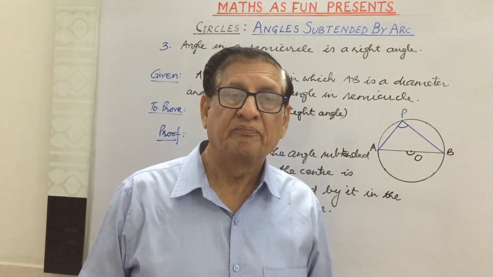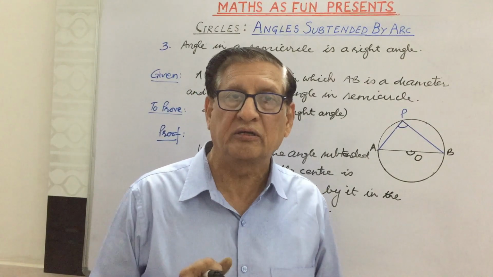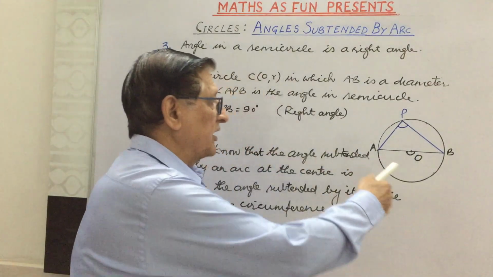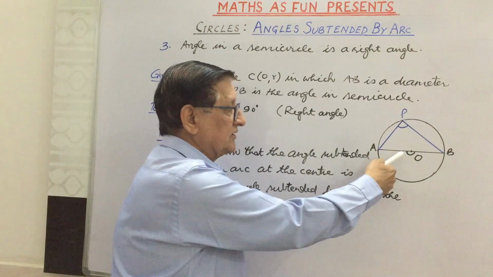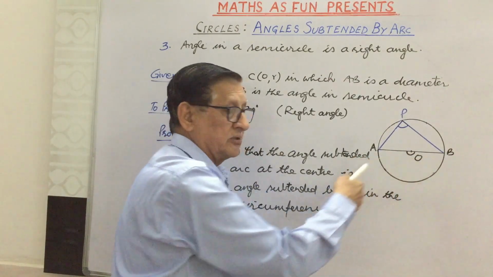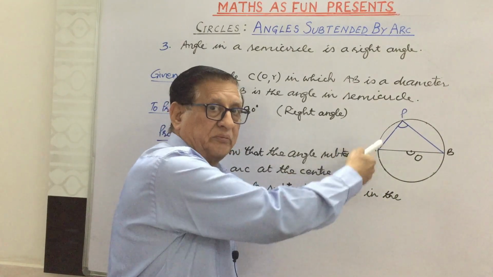Next theorem we have is that the angle in a semicircle is a right angle, or 90 degrees. For this we draw a diagram. If we have a circle with center O and AB is a diameter, we know that a diameter divides the circle into two semicircles.